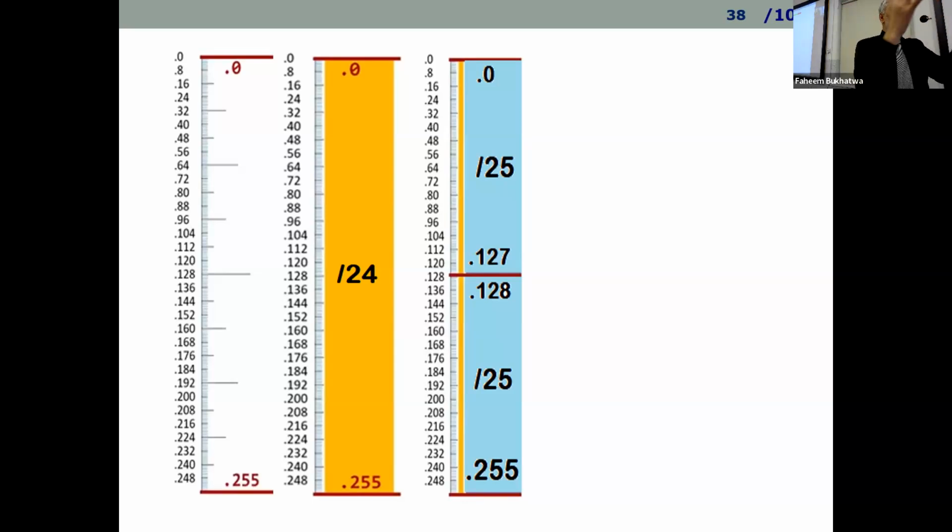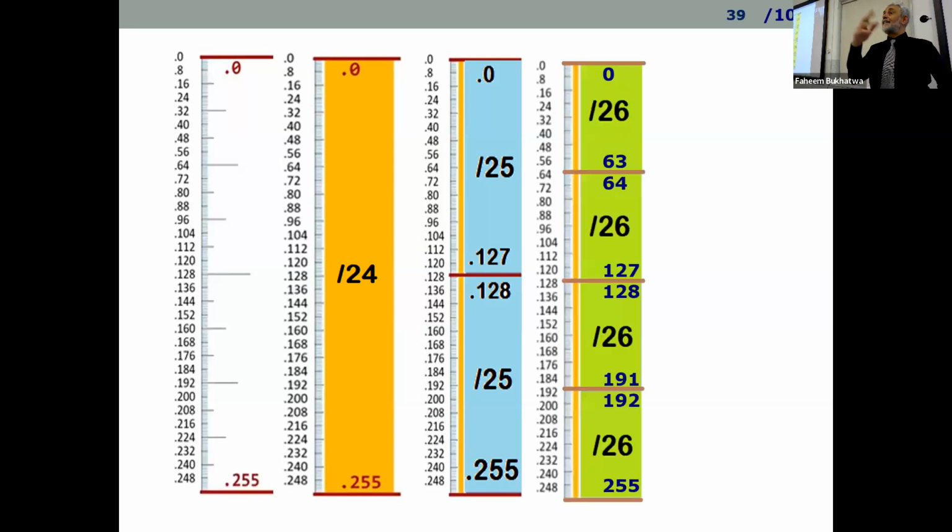The number of networks doubles, split into two, and the sizes become smaller. Looking at a network that has mask /24, it's bigger than the one that has /25. It's twice as big. The total number is the same, but now you have more networks, split into two, and each one is smaller. And if you split the same /24 network once, and then split each one again, you're going to end up with 4 smaller networks.